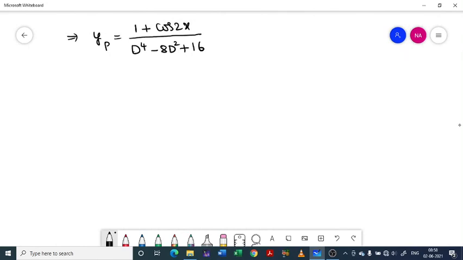Right? So this you have to split. 1 divided by d power 4 minus 8d square plus 16, plus cos 2x divided by d power 4 minus 8d square plus 16.